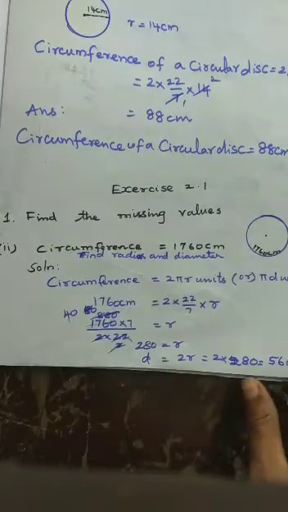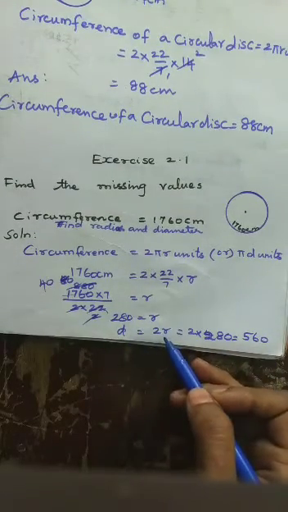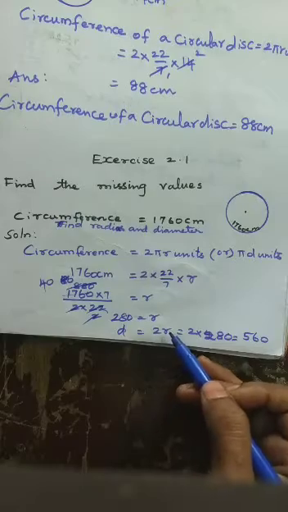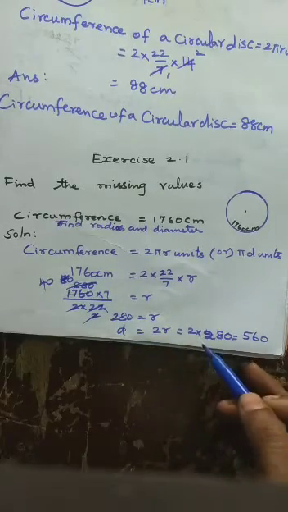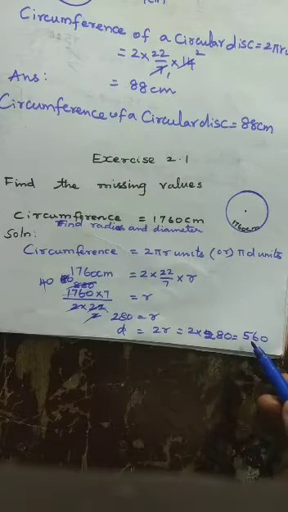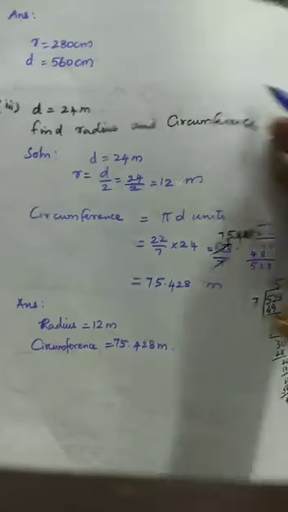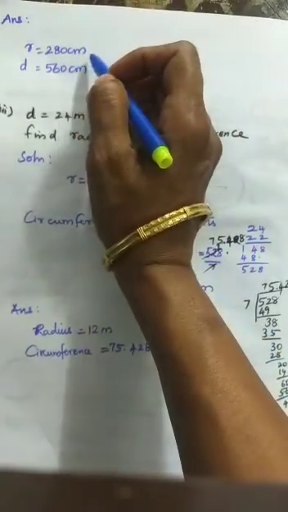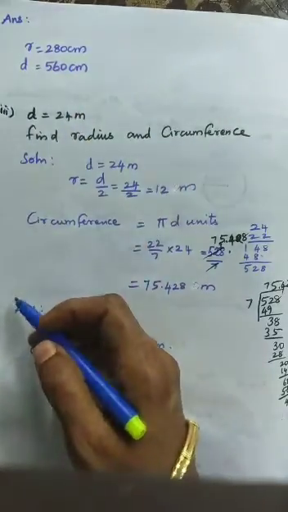Radius is 280. So, diameter is equal to 2r. R you have found as 280. So, 2 into 280 is equal to 560. So, we have found the answer. R is equal to 280 centimeter and D is equal to 560 centimeter.